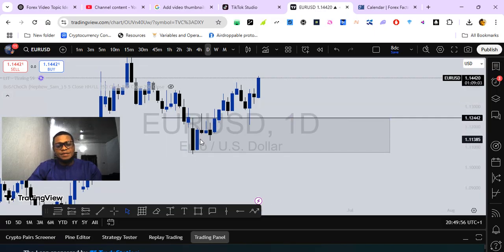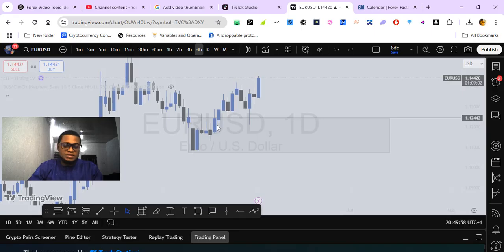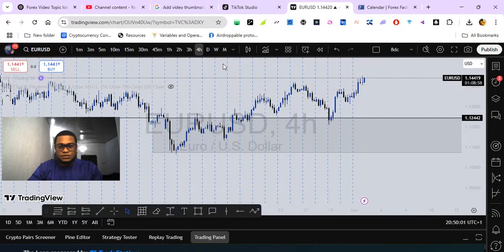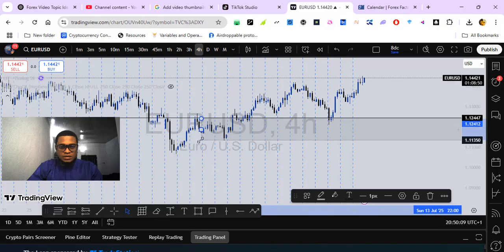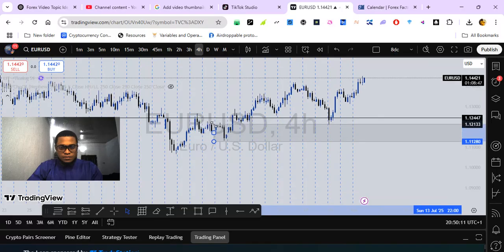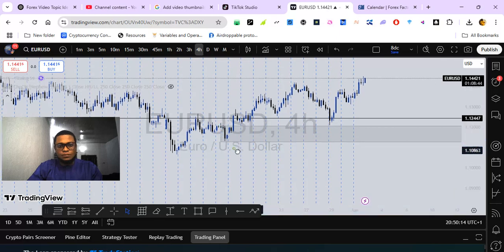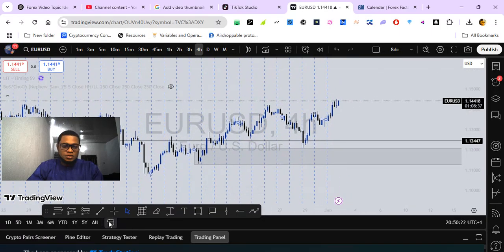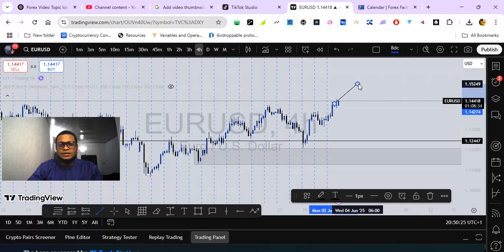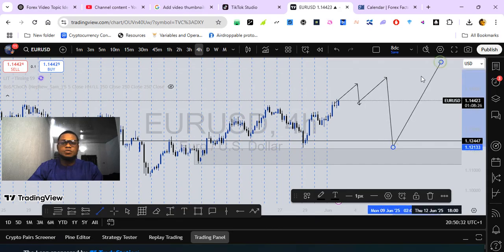So here will be more of like my POI. Let me see what 4 hours is giving me. Perfect. So this is what I'll be looking for in the 4 hours. This is more clear. So when you see price do that same thing, clear up the high, and then probably clear this place, give you a tap in here, and up we go.